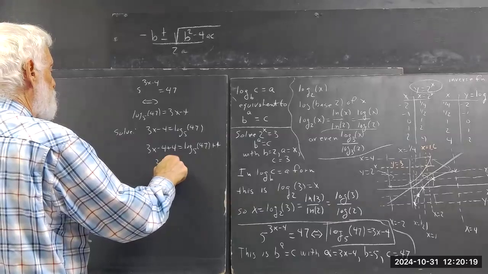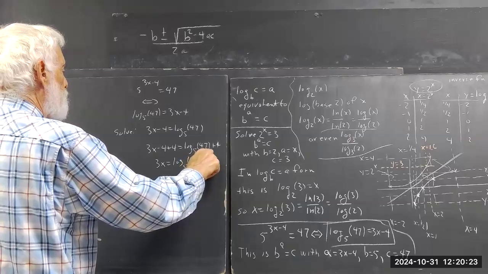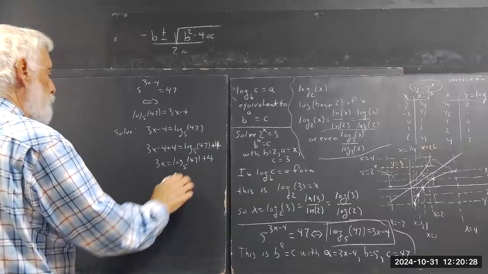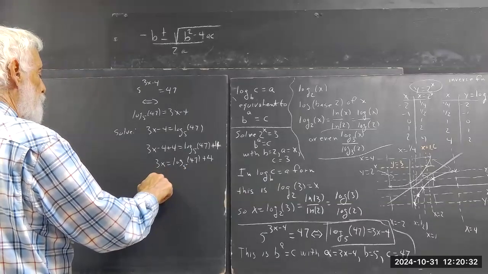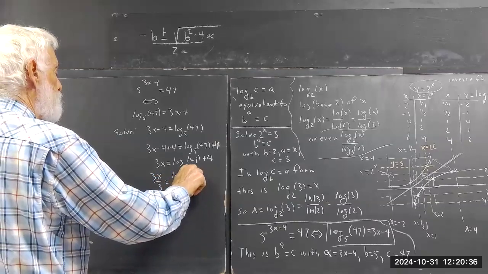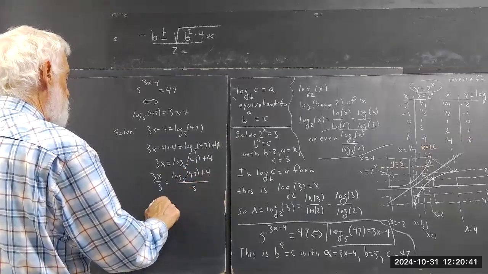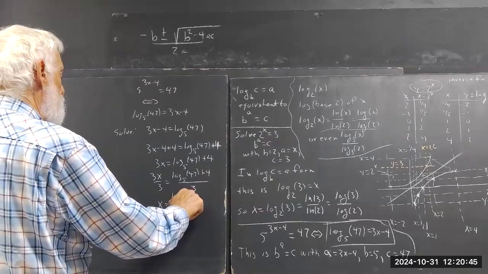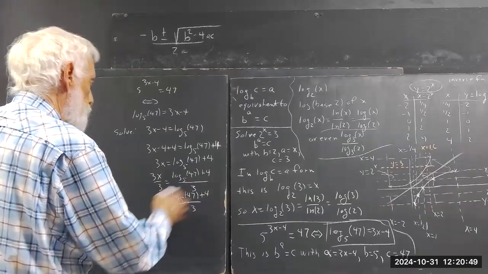We get 3x equals log base 5 of 47 plus 4. And then there's our solution.